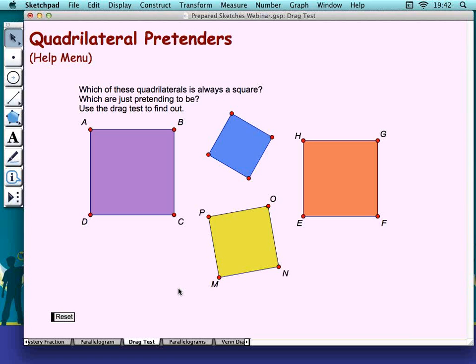So basically, let me say that the activities that come from Sketchpad Lesson Link, which we'll mention at the very end, are all available for Sketchpad 4. The ones that come from the Dynamic Number project are available only for Sketchpad 5. So that's the distinction. Most of the activities from the Help menu are also available for Sketchpad 4.